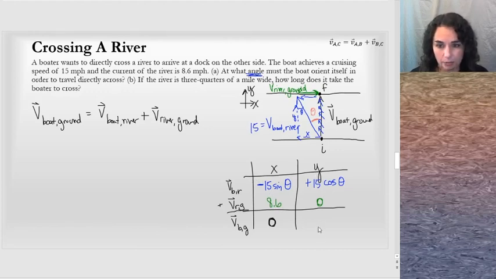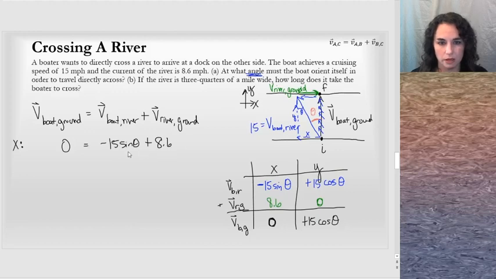When I add up, I know the velocity of the boat with respect to the ground is going to be plus 15 cosine theta. If I wanted to find the value of that, if I knew theta, I could just find it. But I need to find theta, and you can see that's what's happening here. If I isolate this equation in the x direction, I get 0 equals negative 15 sine theta plus 8.6. And I can find theta.